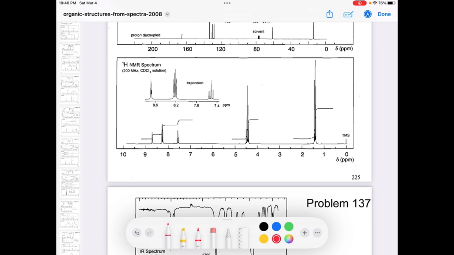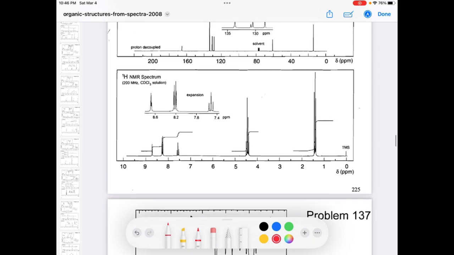Triplet means a carbon having 3 protons, where it has a neighbor carbon with 2 protons. If it is a B proton and A proton is the methyl proton, then A is seeing all of the B protons, so there are 2 neighbors. So 2 plus 1, that will be 3, that means a triplet.